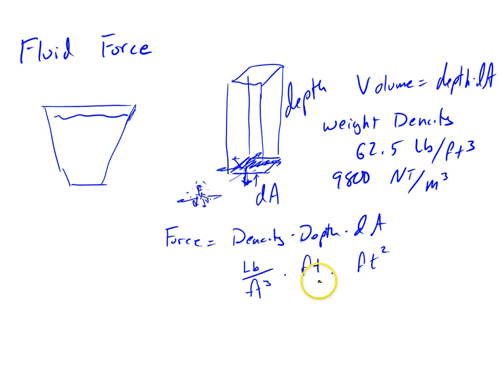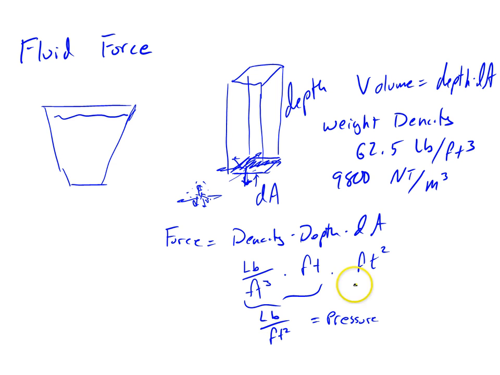You can see that the cubic feet, feet, and square feet labels all cancel out, leaving just pounds, which is force. But there's some other things that I see. The density times the depth, if you just multiply those two together, would be pounds per square foot. This is what we call pressure. Pressure is like pounds per square inch. That's the way I usually think about pressure.